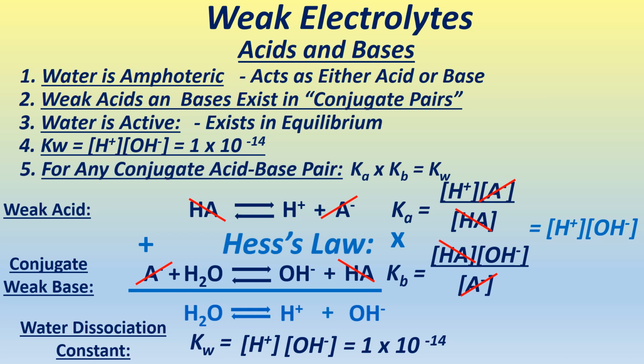So, another very useful fact: for any conjugate acid-base pair, Ka times Kb is equal to the water dissociation constant Kw, 1 times 10 to the minus 14th. This means out of the thousands of weak acids and weak bases, one only needs to know Ka in order to find Kb, or vice versa.